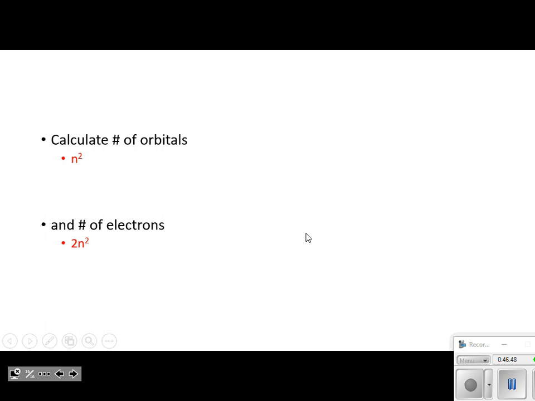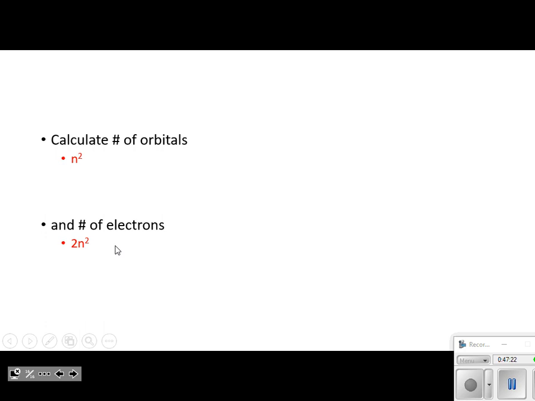Now, we've dealt with this before, but just a quick check, and you're going to need this on WebAssign. How do I calculate the number of orbitals? Well, the number of orbitals that you should have is n squared. So I'm on the 5th energy level. What's 5 squared? 25.